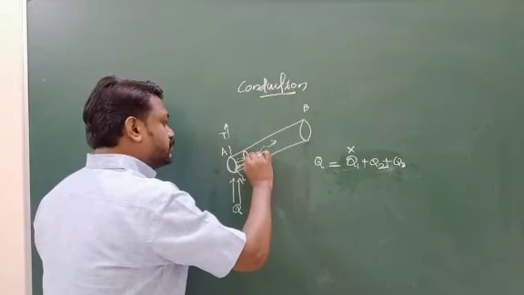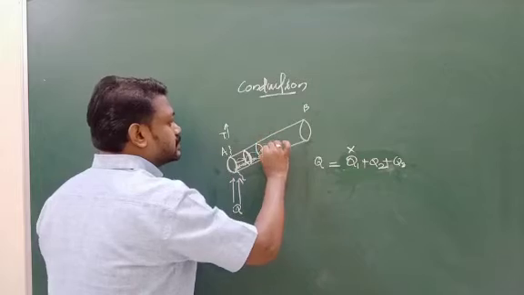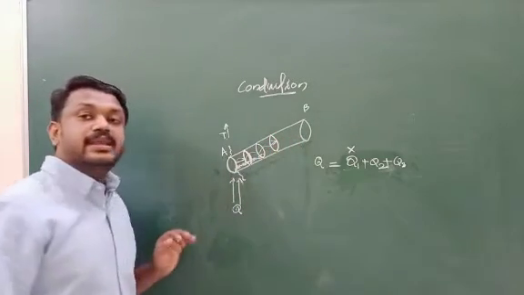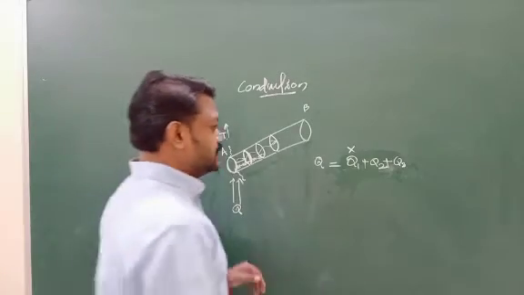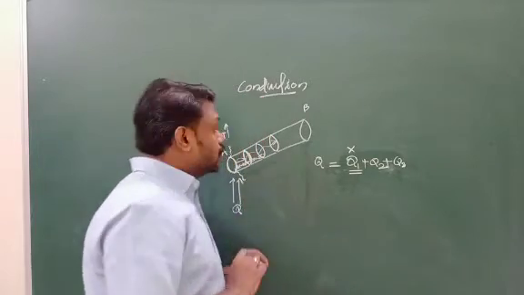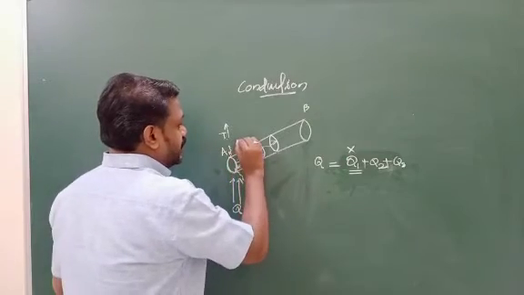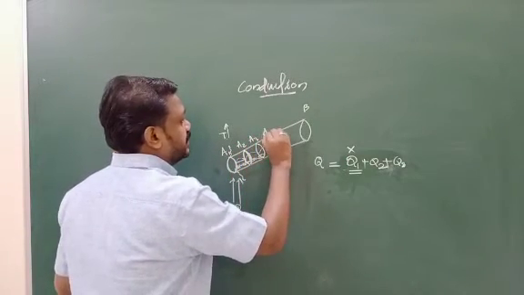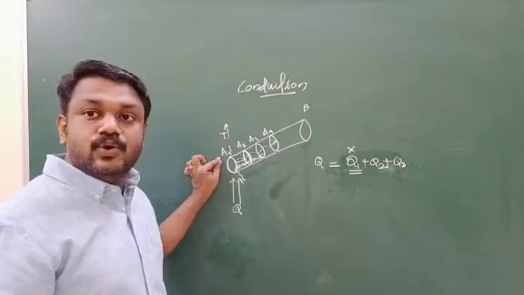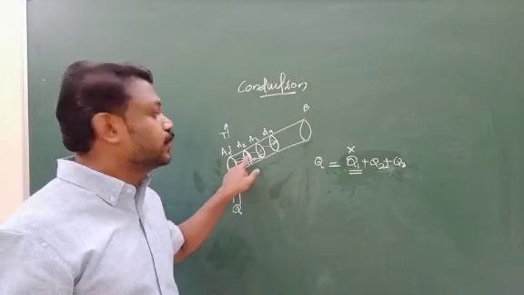Suppose when you are heating continuously, the cross-sectional areas are not absorbing any energy. That means Q1 remains 0 throughout the cross-sections. Suppose these are different cross-sections A1, A2, A3 and A4. Heat energy is transferred to A1. No heat is absorbed; the amount supplied is transferred to A2.